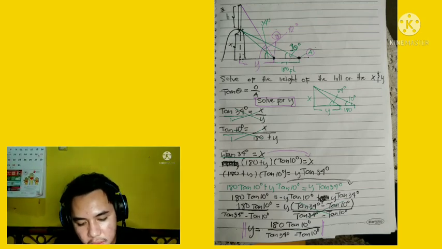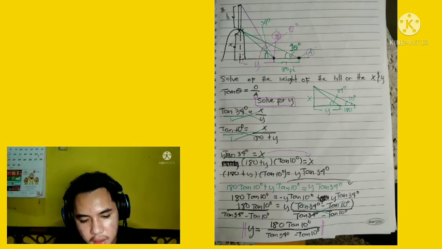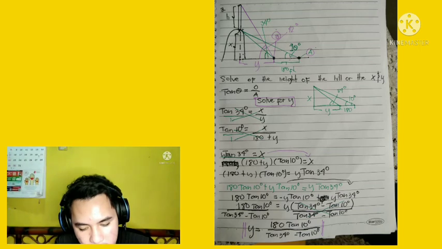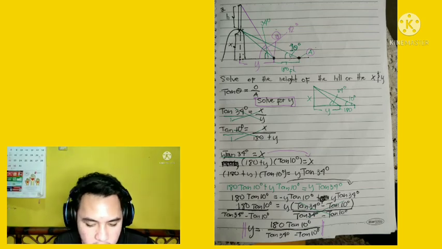To solve for y, we have here another diagram, the green triangle, which I got from our first diagram. We have here x and our y. x is the height of our hill, and y is the adjacent of angle 34, and 180 is the distance between our two angles, and we have our 10 degrees, which is the angle at our point A.